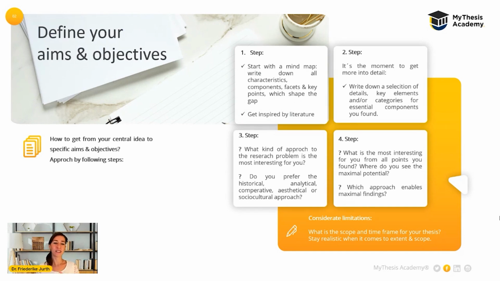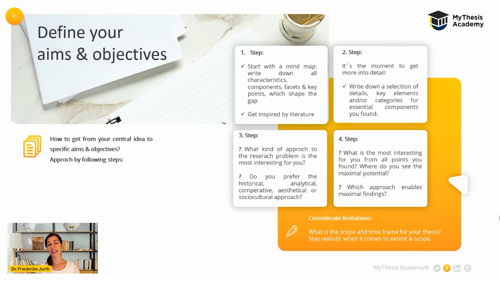But it is helpful and it is very fundamental to have the possibilities in a visual form in front of you. So I would give you the advice to start with a mind map and to write down all characteristic components and key points which are shaping your gap of research. What is part? What makes it out?